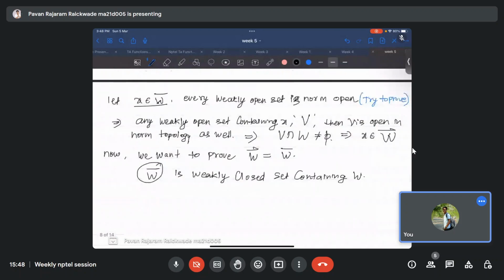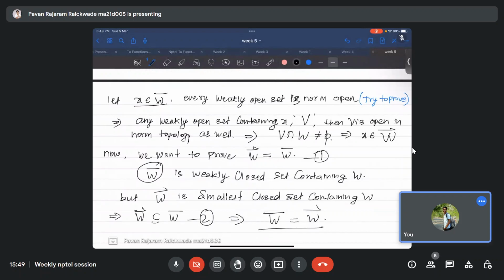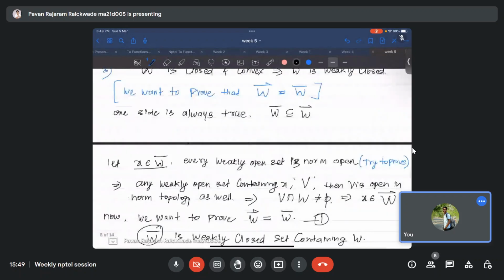But the weak closure of W is the smallest closed set containing W. That means the weak closure of W is contained in the norm closure of W. So from 1 and 2, norm closure is the same as weak closure. Okay. So from this, the third option is also correct.